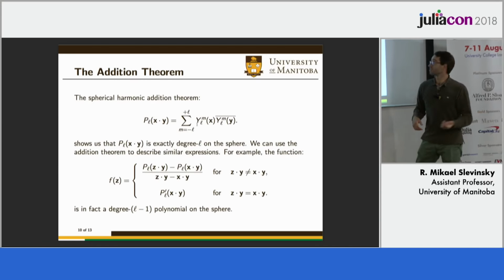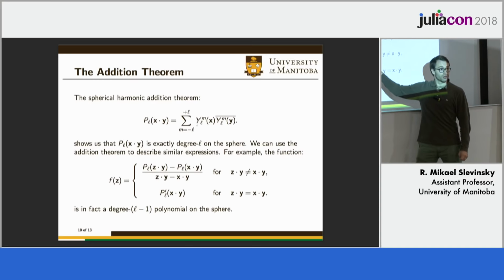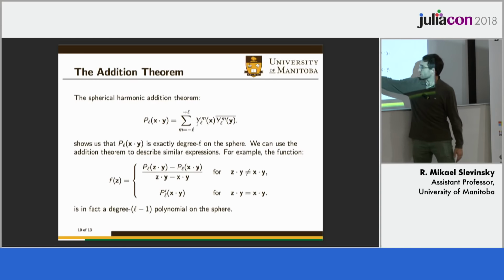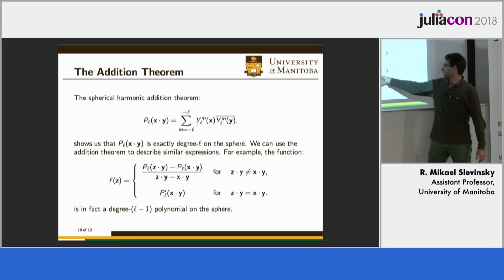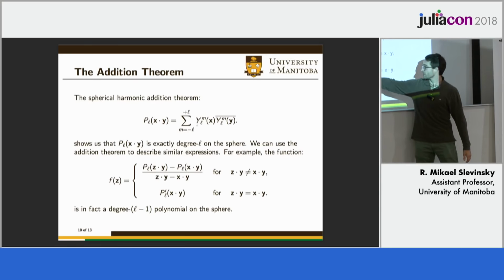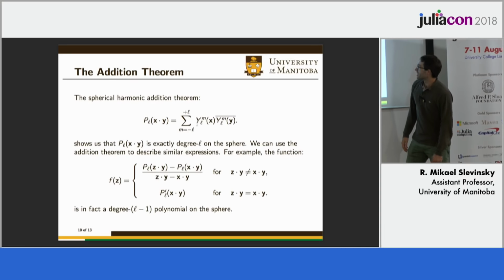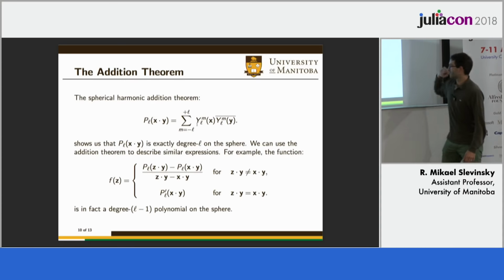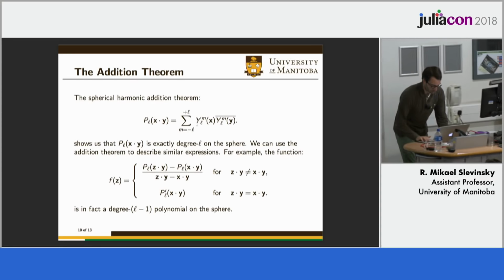We can use this reasoning to show that this function right here, P_L of z dot y minus P_L of x dot y over z dot y minus x dot y, looks like a rational function, but as long as you replace the singularity, when z dot y is equal to x dot y, by its calculus limit, the derivative, then this is actually a degree L minus 1 polynomial on the sphere. So I'll show you an example.